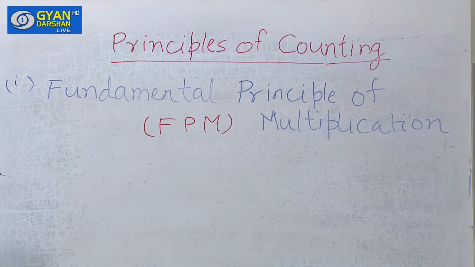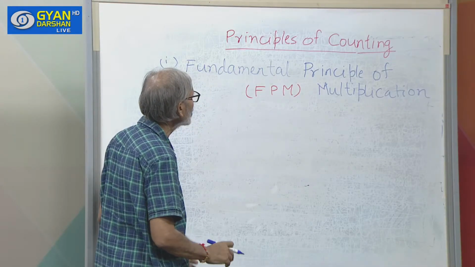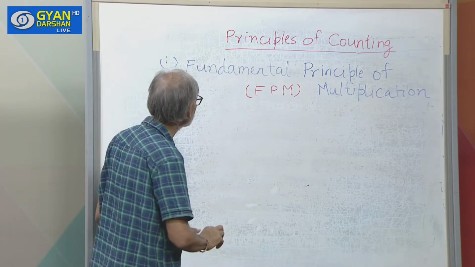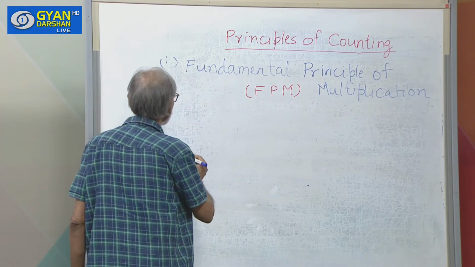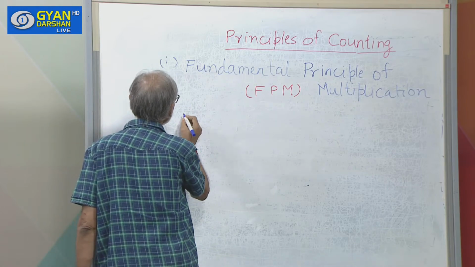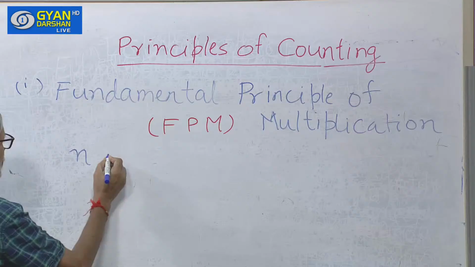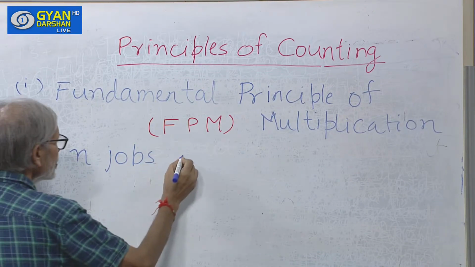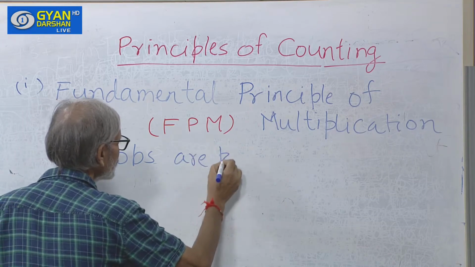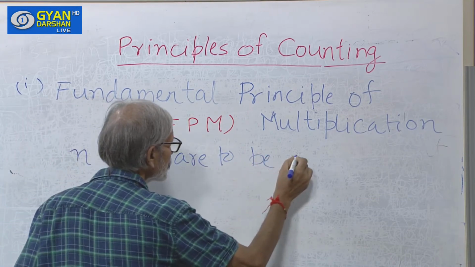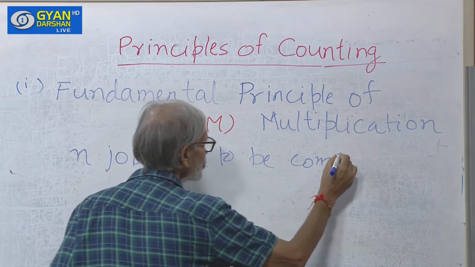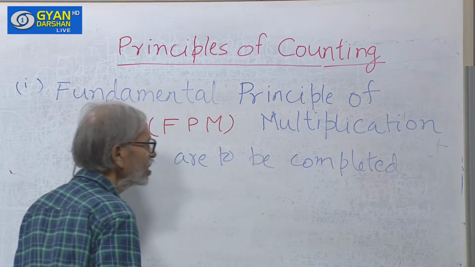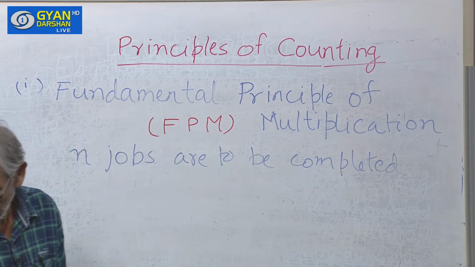Friends, suppose you have to complete n number of jobs. So, how many ways can these n jobs be completed?